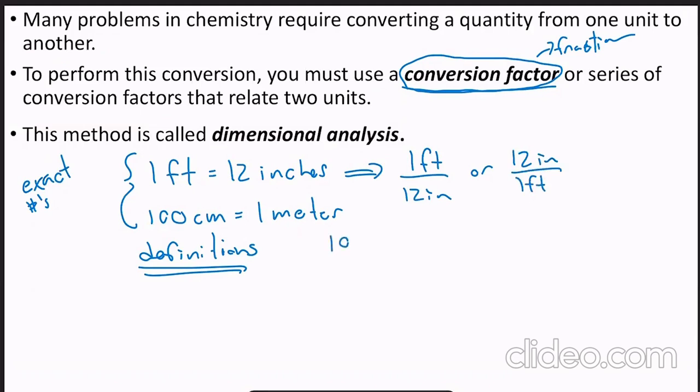I can do 100 centimeters over 1 meter, or I can write it as 1 meter over 100 centimeters. Okay, so conversion factors come from these definitions, and all a conversion factor is simply just a fraction made from that definition.